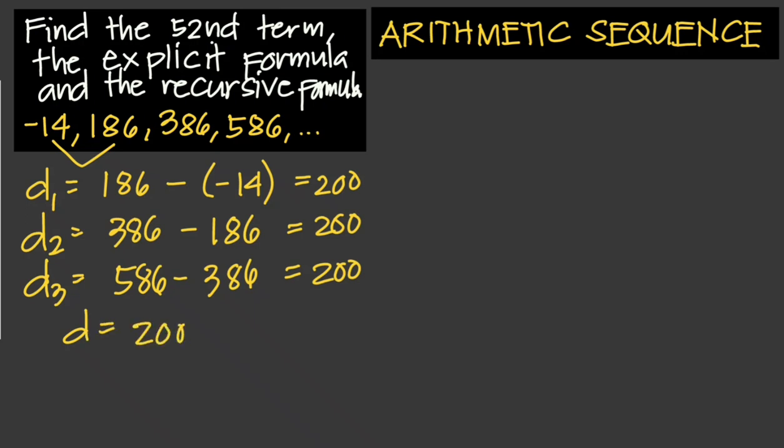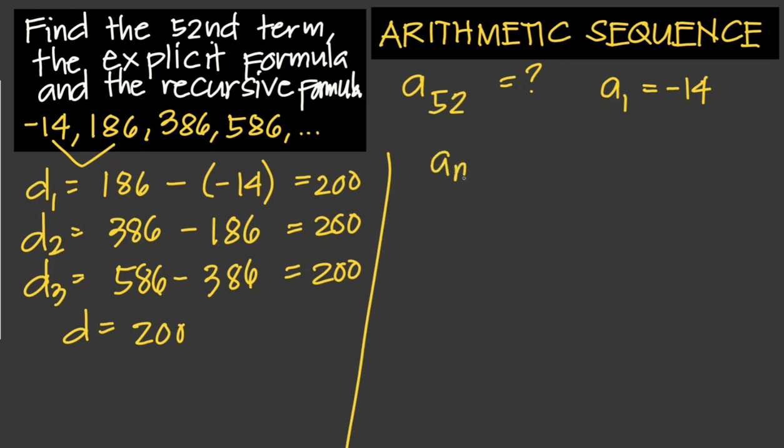Now to find the 52nd term, we denote this as a sub 52. Since we're given a first term which is equal to -14, we can use the explicit formula: a sub n equals a sub 1 plus n minus 1 times d.